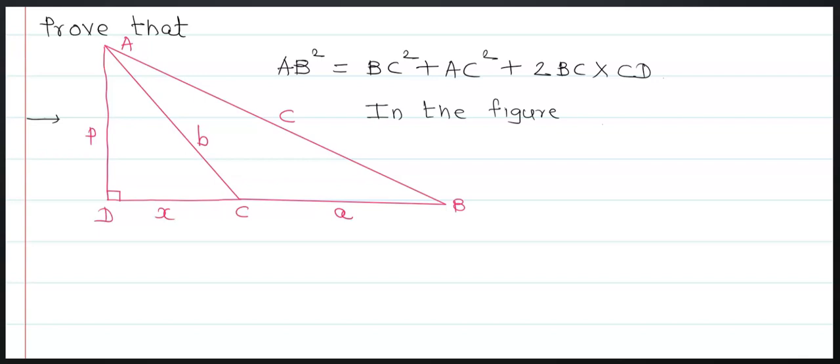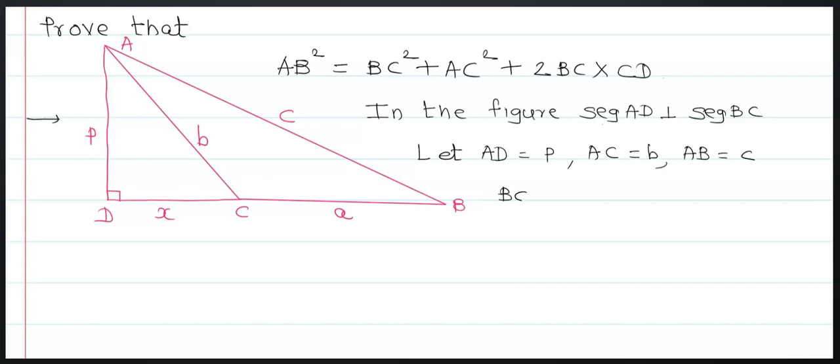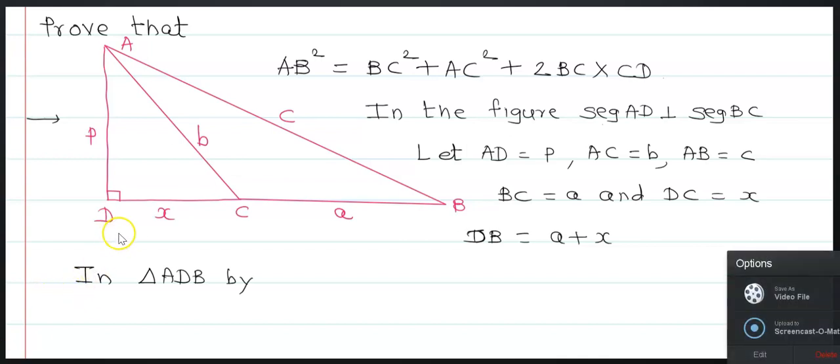In the given figure, segment AD is perpendicular to segment BC produced. Let AD equal small p, AC equal small b, AB equal small c, BC equal small a, and DC equal X. DB is equal to A plus X. Therefore, first we'll consider the triangle ADB.